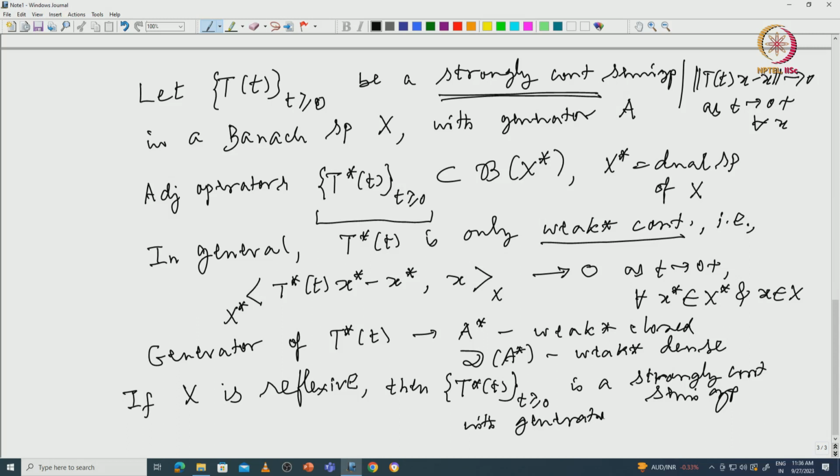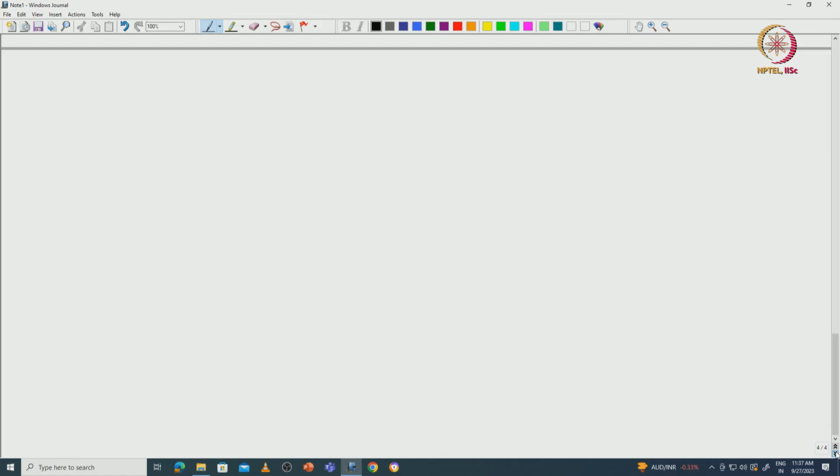So now A star is a closed operator in x star and its domain is also dense in x star, but that requires x to be reflexive. So just to reflect this thing, so here is an example.